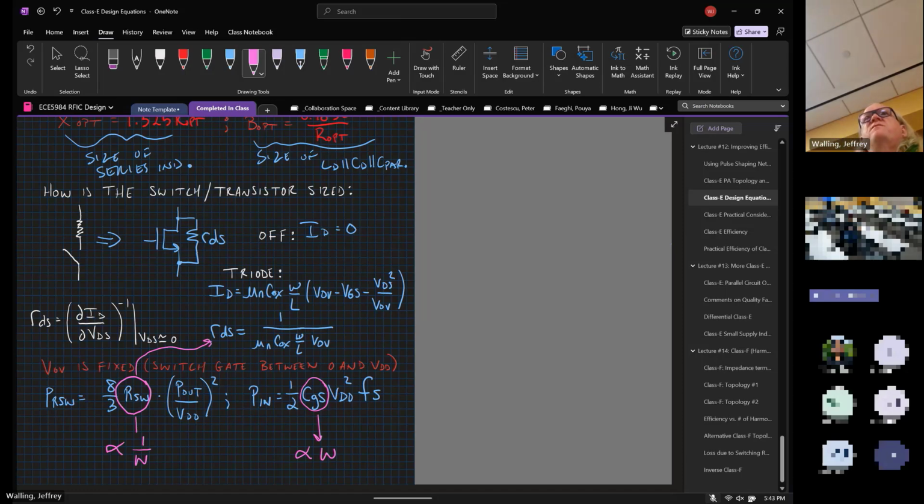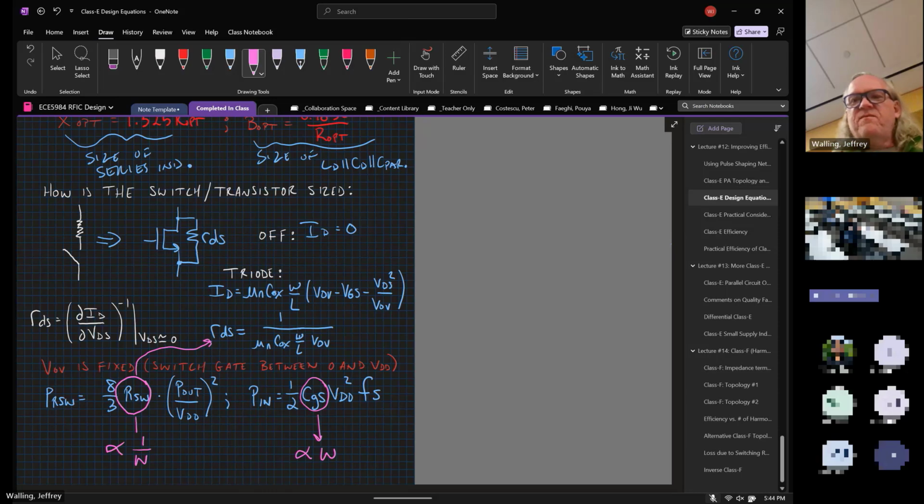If we want to reduce the conduction losses, it would tell us just keep making the switch bigger and bigger and bigger, and you'll arbitrarily drive down the conduction loss. But as you do that, you're going to arbitrarily start driving up the input power. And so there's a trade-off between when those are optimal.